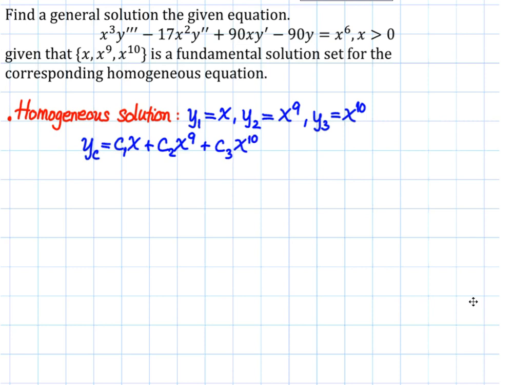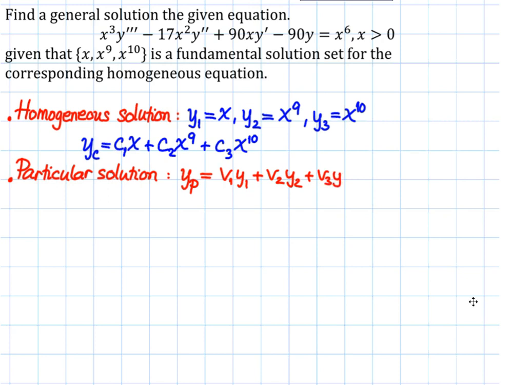Now we go to the particular solution, and we're going to use variation of parameters. So in that case, the particular solution will be in the form of V1 y1, V2 y2, and V3 y3.